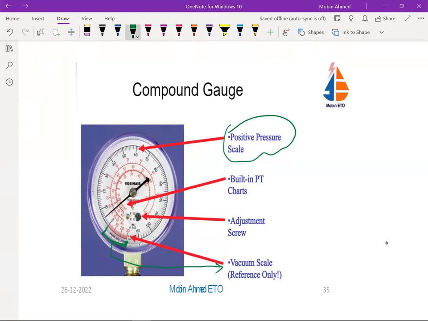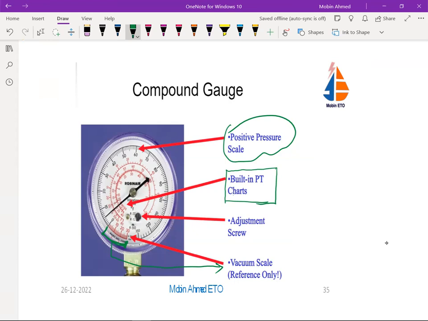Second, generally, this LP gauge will have a built-in PT chart, pressure temperature chart. If you see clearly here, this shows you the pressure, and here inside it is showing you the temperature for the different gases, R22, R12, or something, which is not clearly visible.